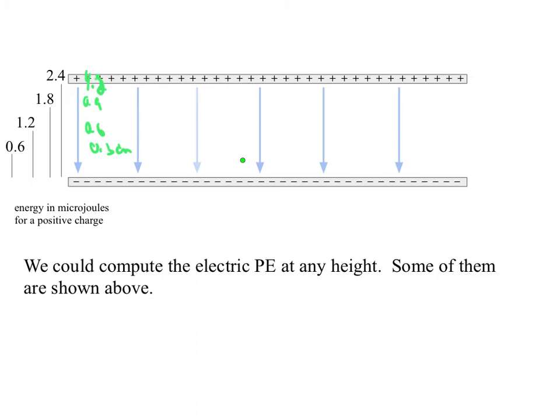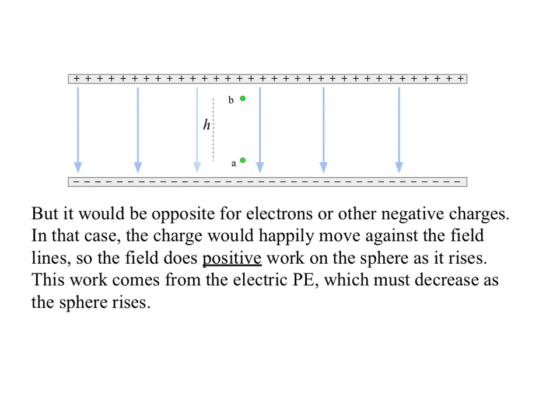Not a big deal. But it would be the opposite for electrons or other negative charges. In other words, if we moved from A to B this way, well, that's the way that the electron wants to move, because negative charges move against field lines. And so the field would be doing positive work in moving this way.